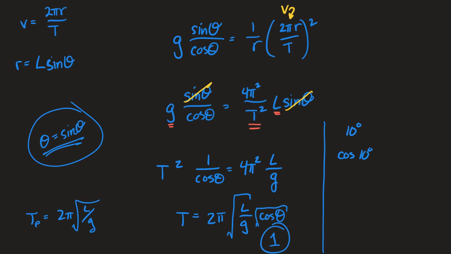Small angle theorem is a real thing. We're going to use it. And this is why the period ends up being about the same. For a very similar purpose. Under these conditions, if the angle is small, we get a period of rotation that's very similar to the period of oscillation for a pendulum of the same size.